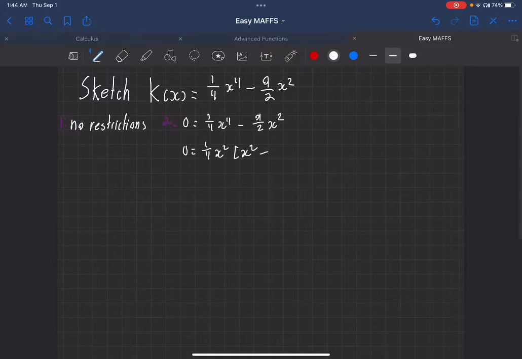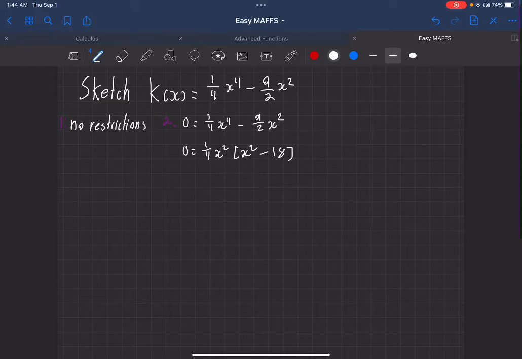Minus, so what is 9 over 2 divided by 1 over 4? Let's plug that into our calculators. We get 18. So 1 over 4 x squared times x squared minus 18. All right, so what will make this equation equal to 0?